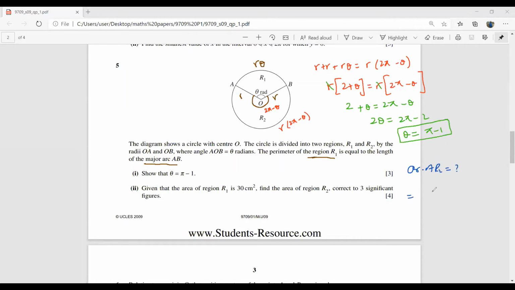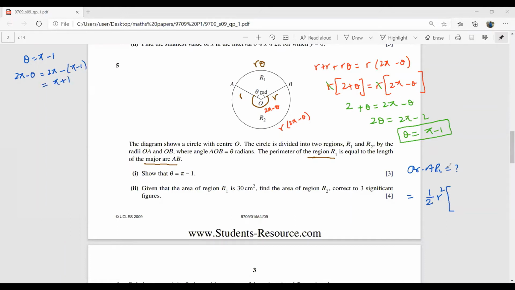R2 would be half R square into the angle over here. Now if this angle was theta, and your theta is pi minus 1, then what would be your 2 pi minus theta? That would be 2 pi minus pi minus 1, so that would be pi plus 1.